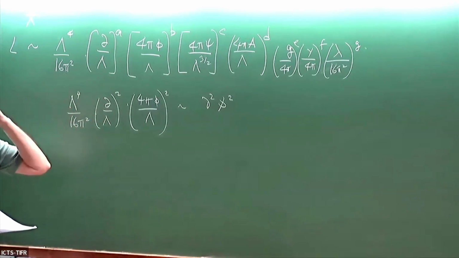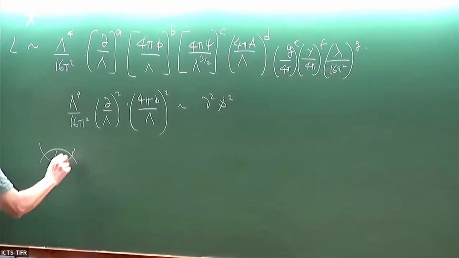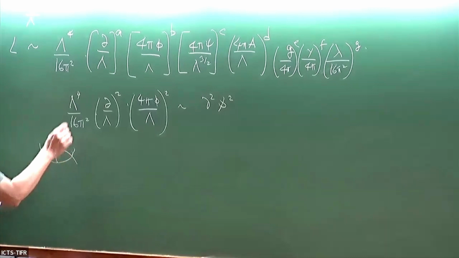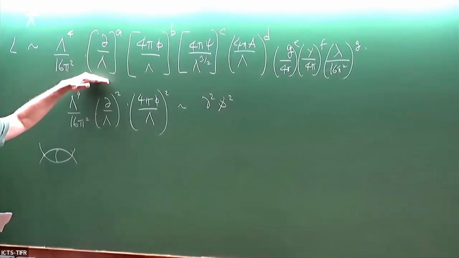And this is consistent in the following sense: if I take loop graphs, arbitrary loop graphs, where every vertex obeys this power counting, then the new interaction I generate, just doing this loop estimate, gives me something which is consistent with this formula.